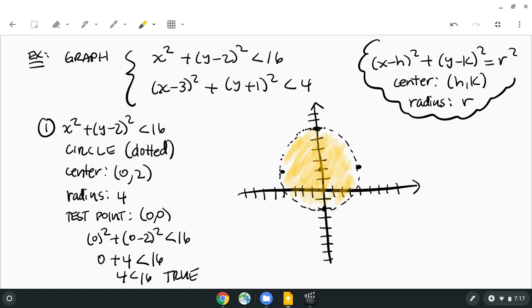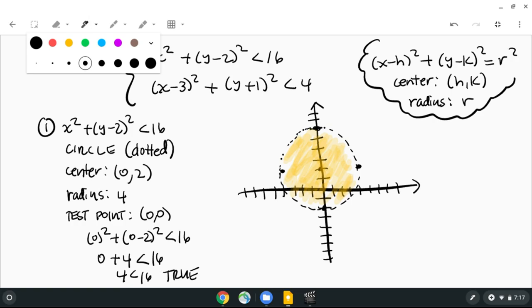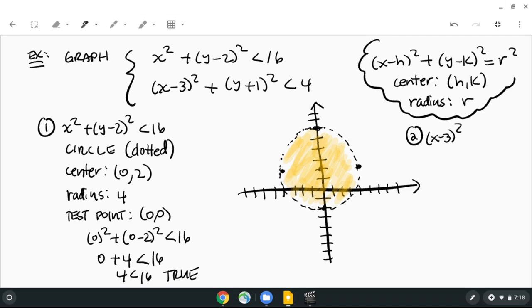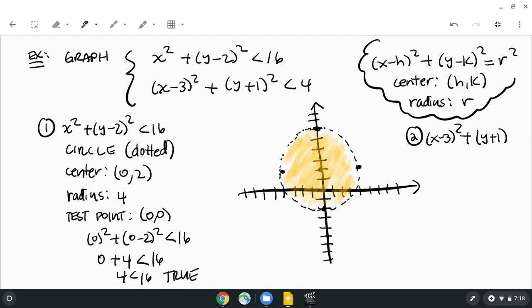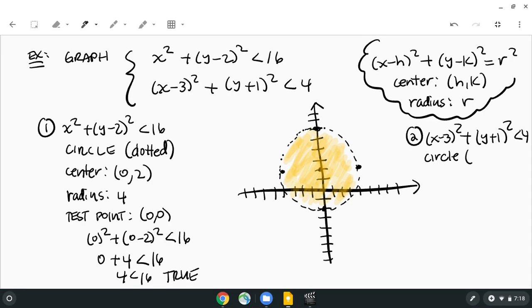Okay, so now let's do the second inequality, which is also a circle. I'll do the information over here. So we have (x minus 3) squared plus (y plus 1) squared less than 4. So this is a circle, and it's going to be dotted as well.